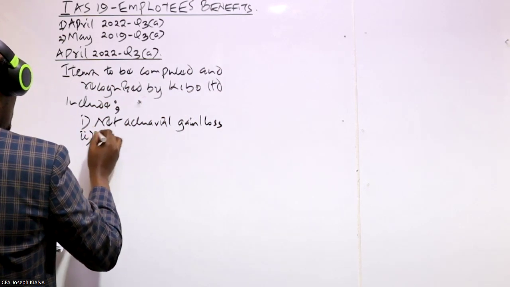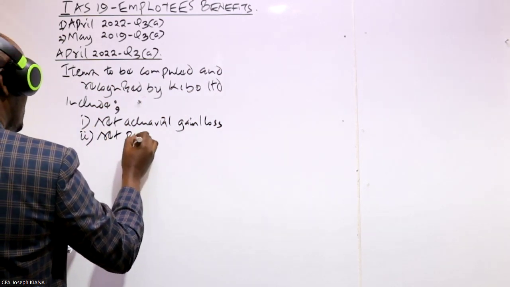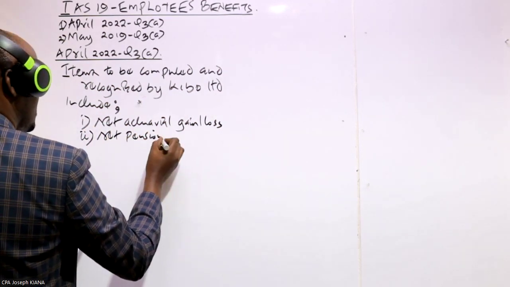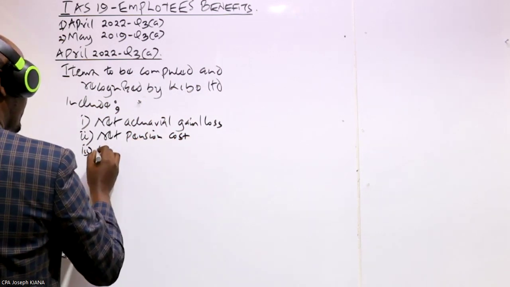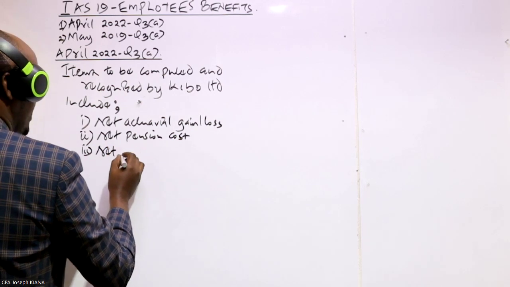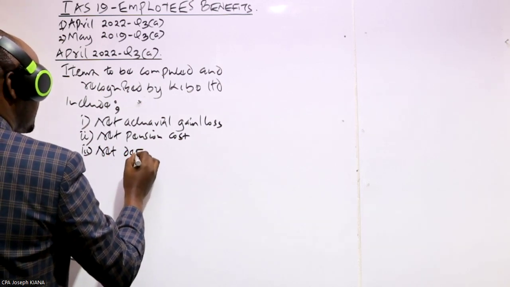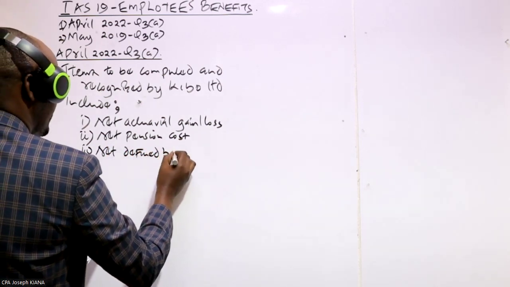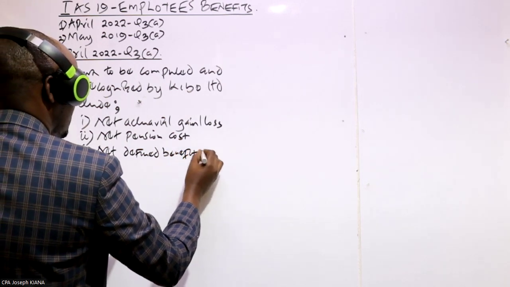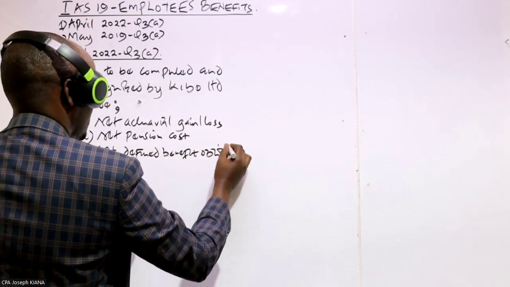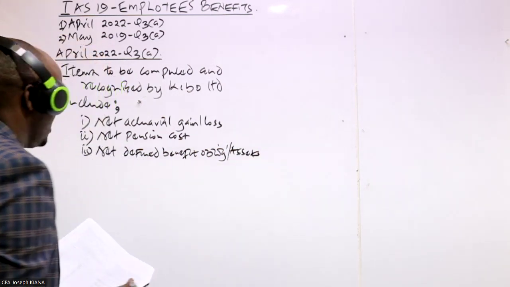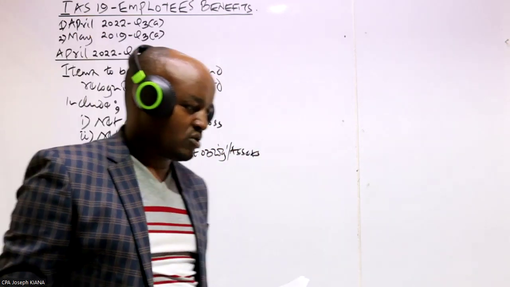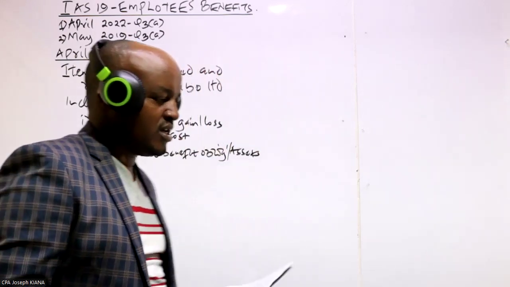Number two, the net pension cost. And number three, the net defined benefit obligation or asset. So these are the three items which CPA Limited should compute and also recognize in the financial statements.